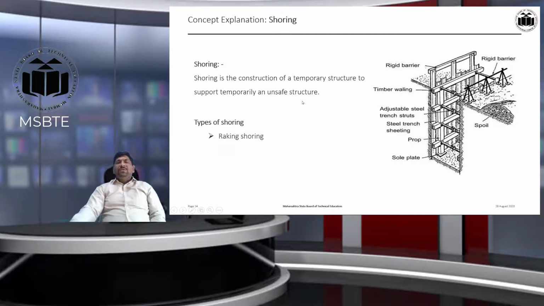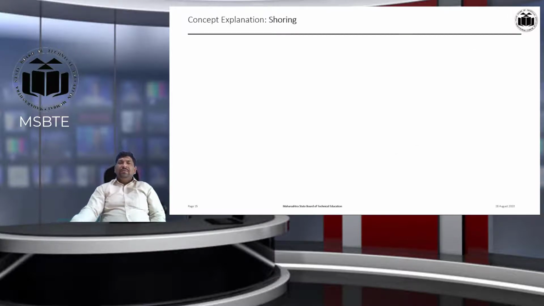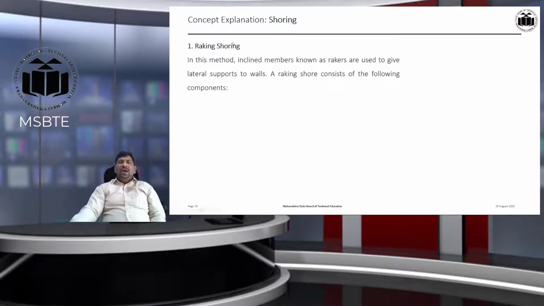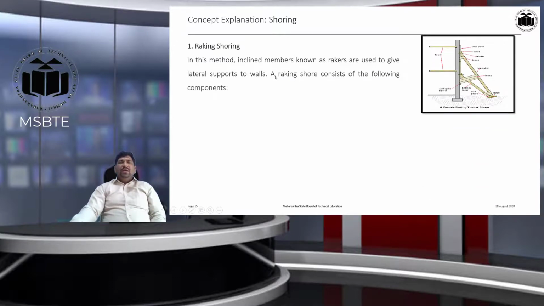What are the different types of shoring? The different types of shoring are raking shoring, flying shoring and dead shoring. So just have a look at the raking shoring. In this method, inclined members known as rakers are used to give lateral support to the walls.